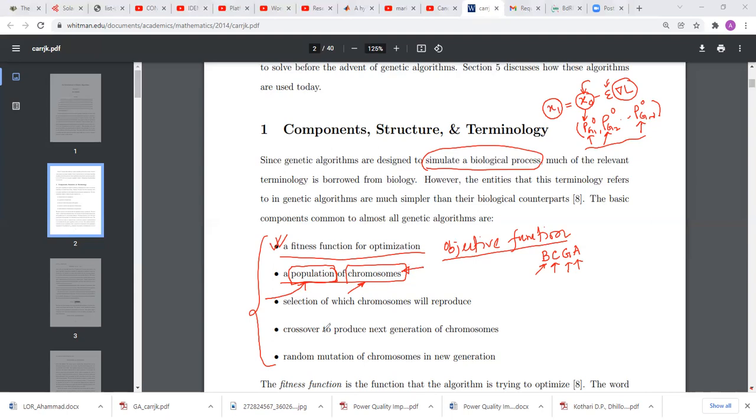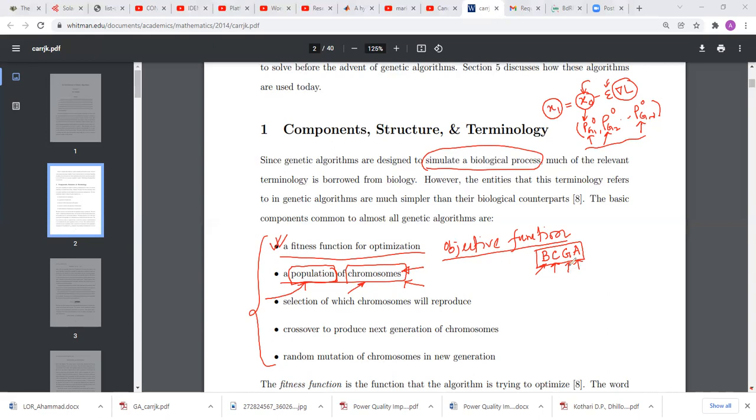Don't worry. We will have some chromosomes, and as I was saying about the binary coded genetic algorithm, in this case your solution or the chromosomes are to be encoded in the form of a string of binary bits 0 and 1.